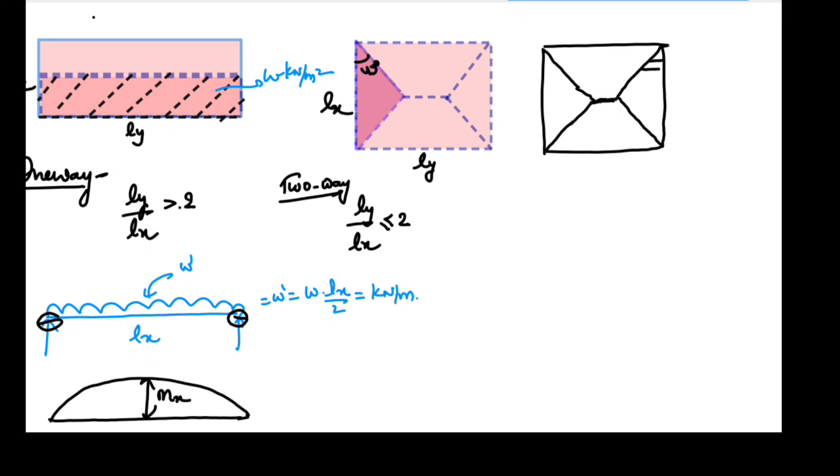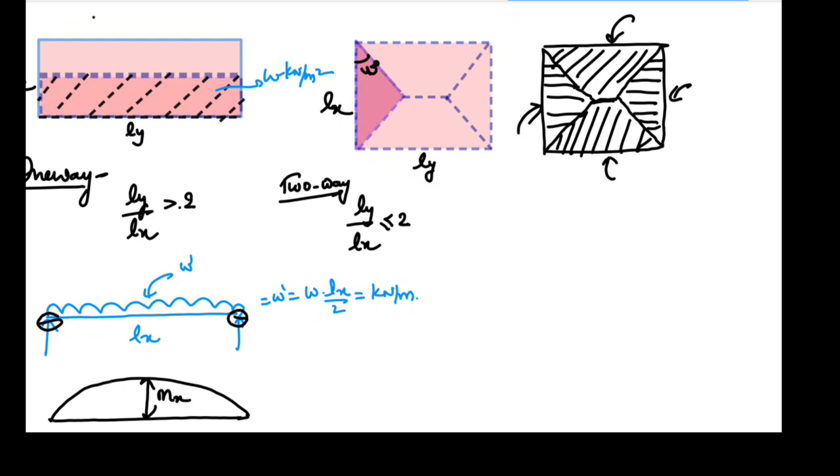This much load will come on this beam and this beam, and then this load will come on this beam, and this load on this beam. So this is how the load is shared between the four beams in a two-way slab.